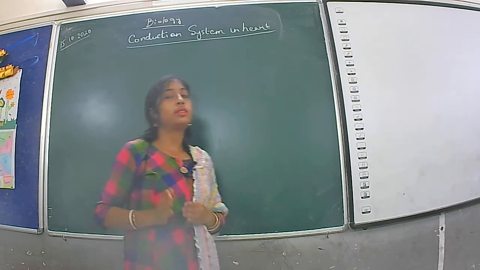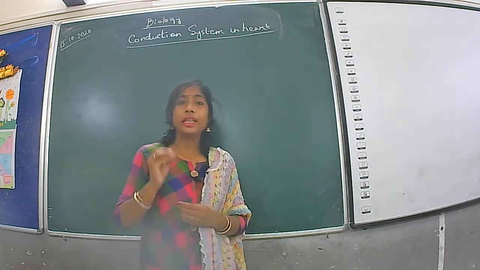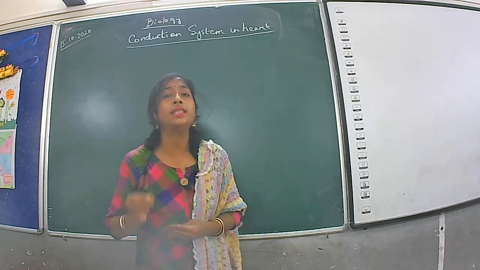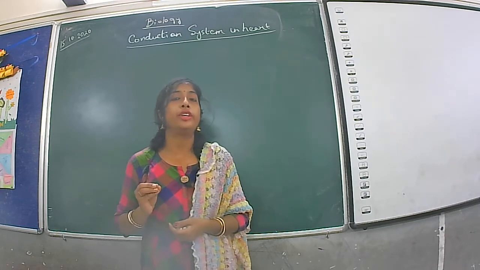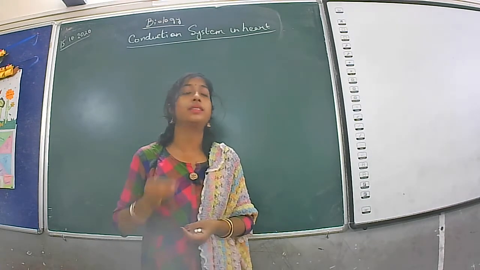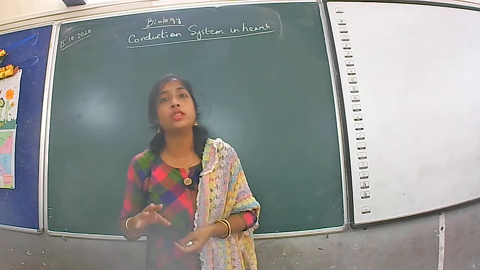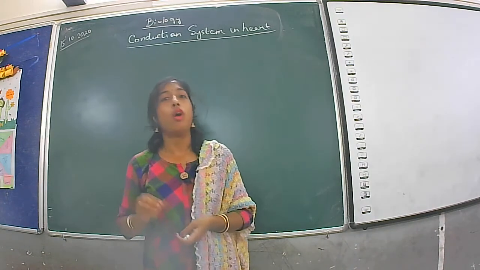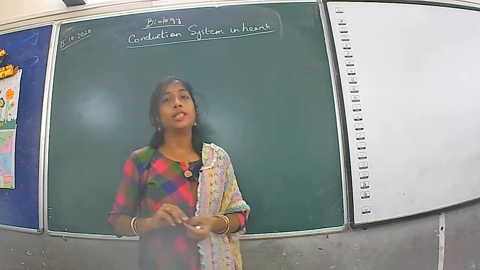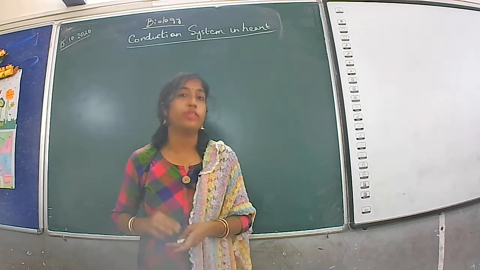What did I say? In the conduction system, it means generation of impulses taking place. When there is generation of impulses, this impulse is transmitted to all the walls of the auricles and ventricles, and as a result it helps in the contraction of the heart.